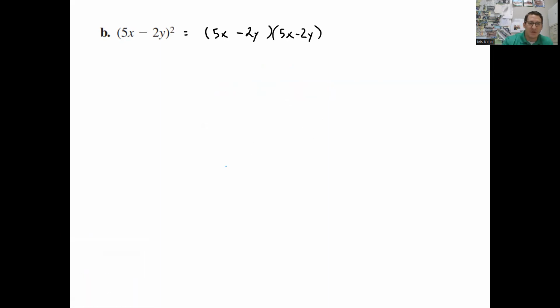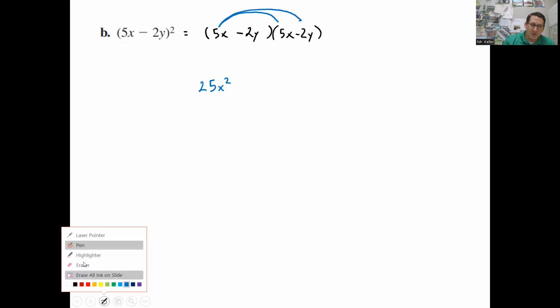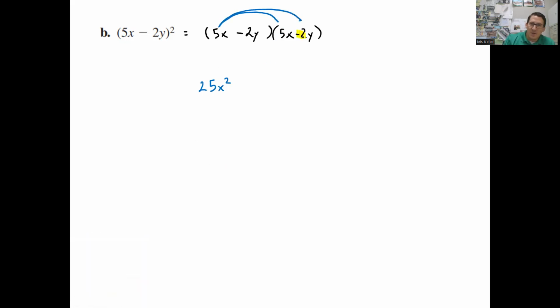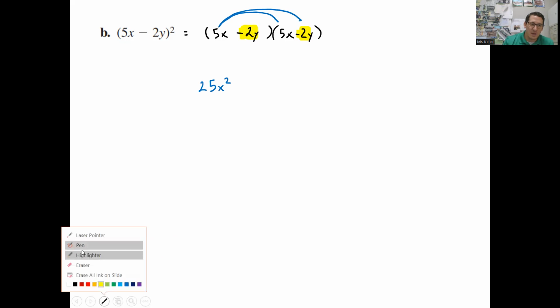Again, I personally like just distributing, so I'm going to distribute the 5x. So 5x times 5x is, or 5 times 5 is 25. X times x is x squared. Then I have 5x times, make sure, I'm going to highlight here. So this, we're treating that as a negative 2y. Same thing here, we're going to treat it as a negative 2y.